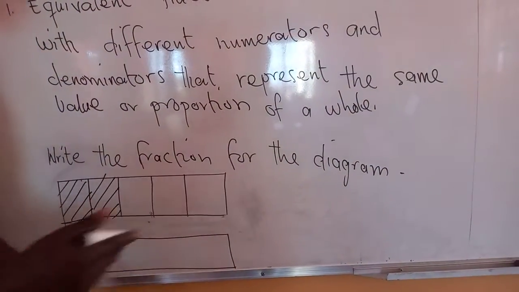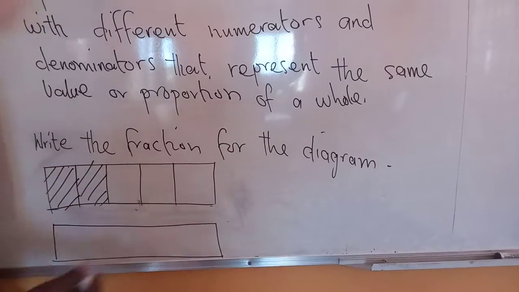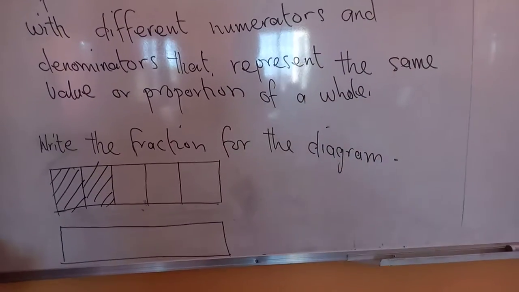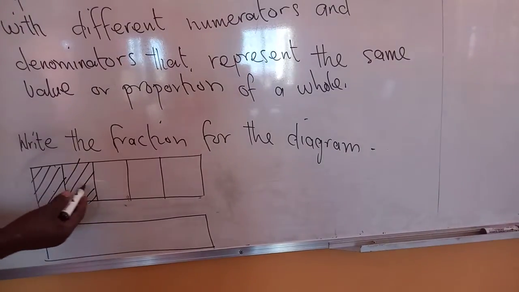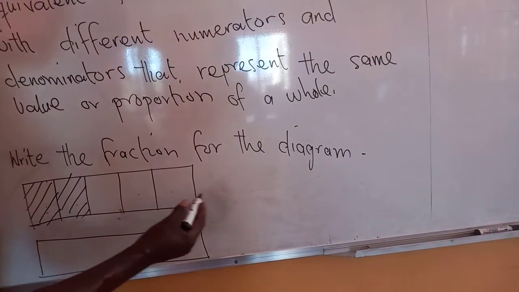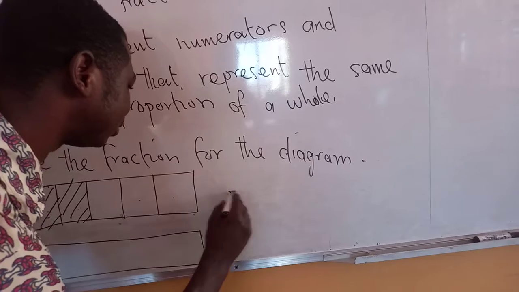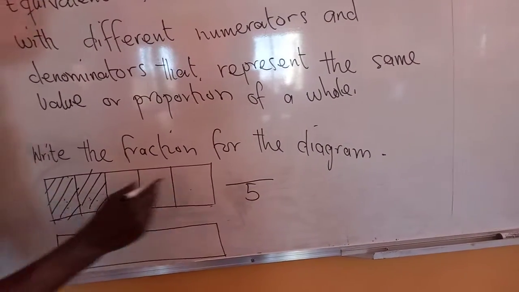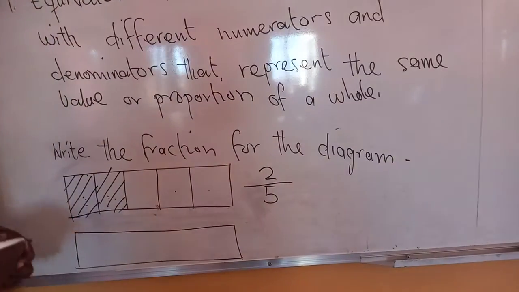So first of all, write the fraction for the diagram below. So what's the fraction of this? This is 1, 2, 3, 4, 5. So the denominator is 5, and the shaded part is only 2. That is 2 out of 5.